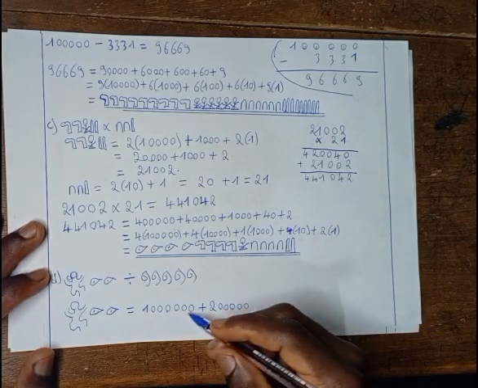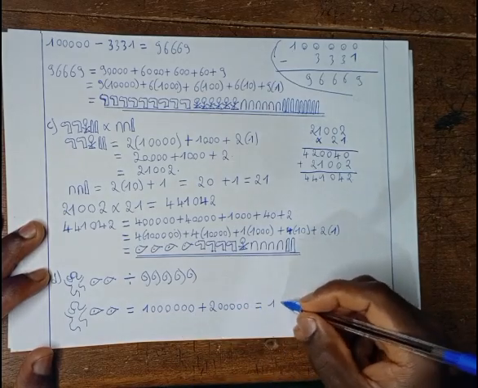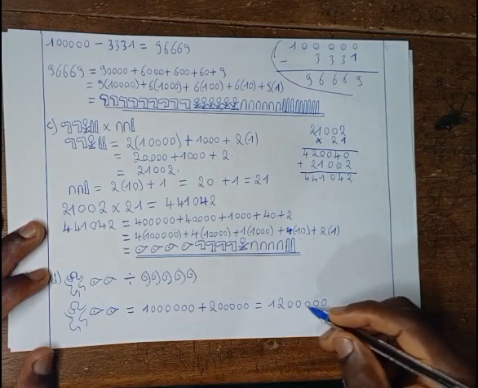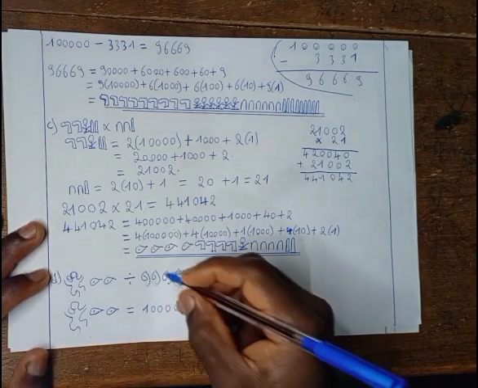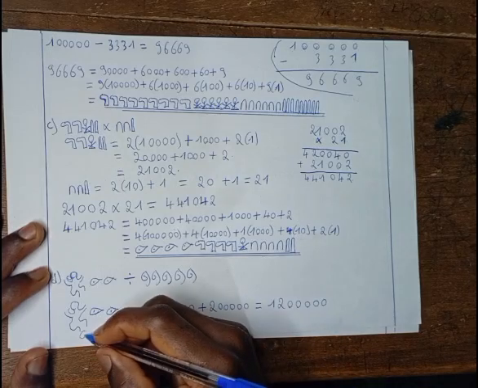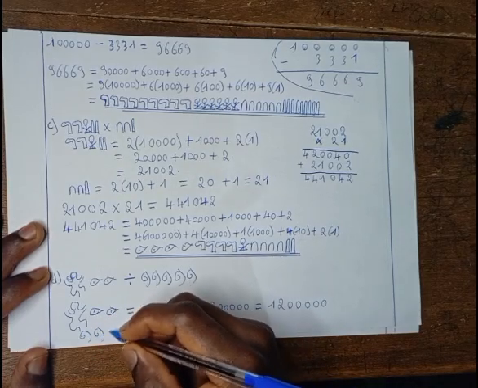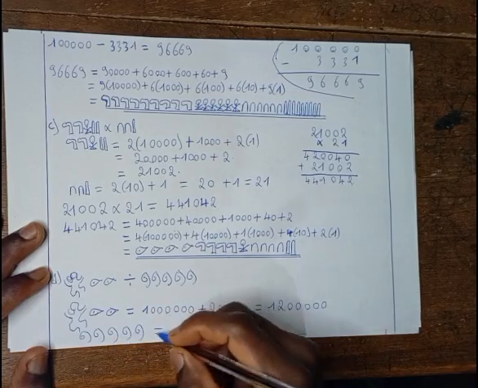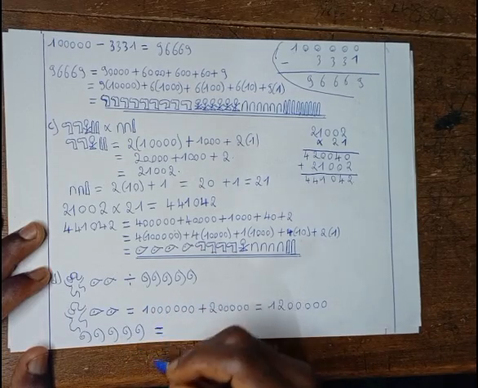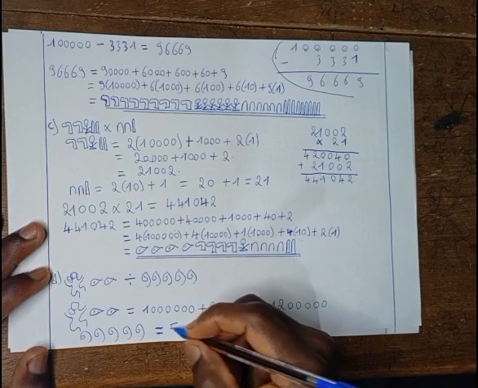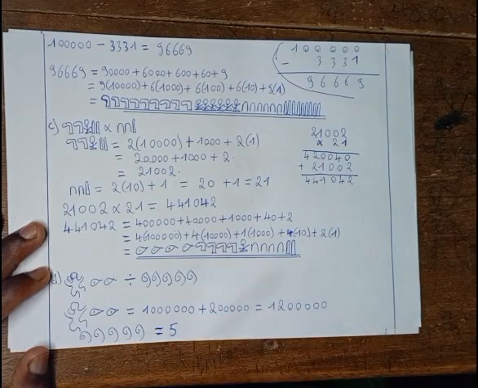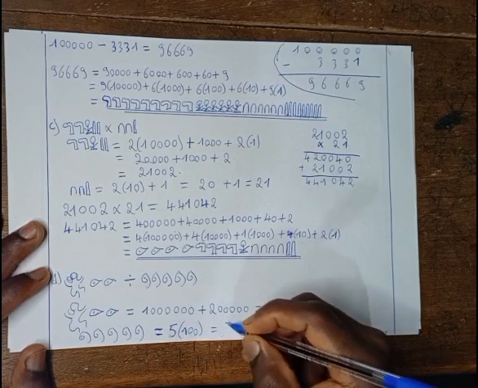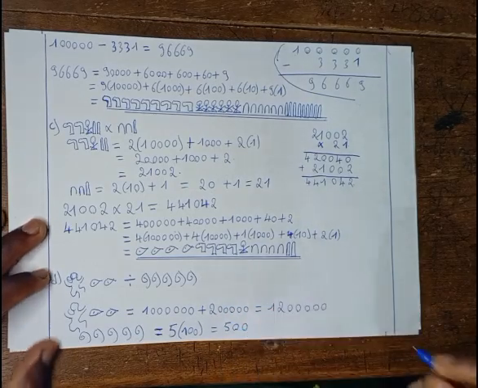So if we add 1 million plus 200,000, this will give us 1,200,000. Next, we have 5 sparrows. We know a sparrow represents the number 100. So 5 times 100, which gives us 500.